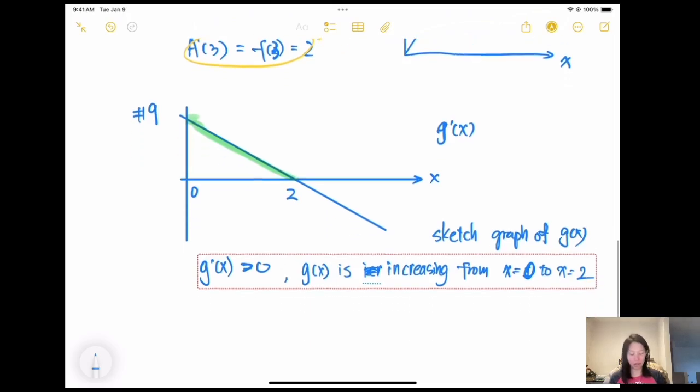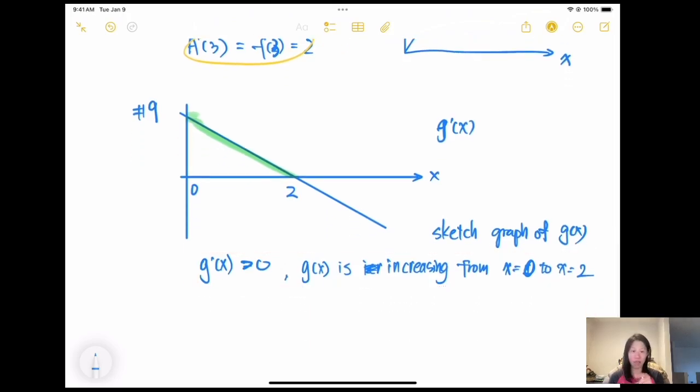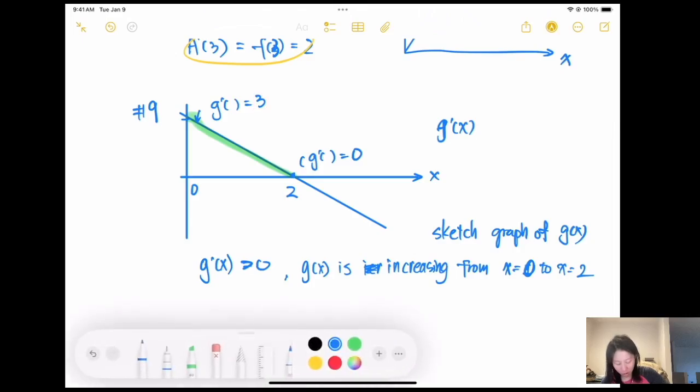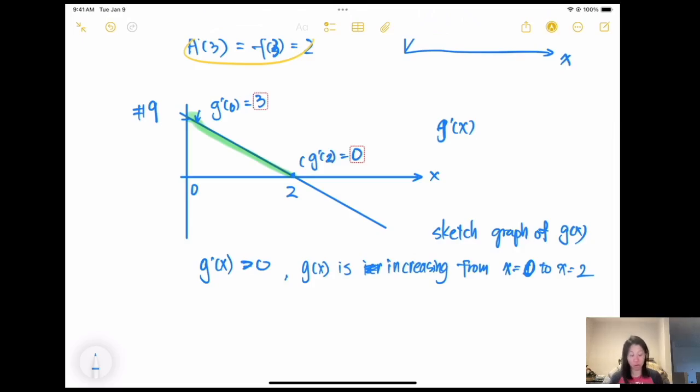Another thing we need to be careful is how fast they increase. As you can see, at first g prime is equal to 3, and then here g prime is equal to 0. To be more accurate, g prime of 0 equals 3, g prime of 2 is equal to 0.